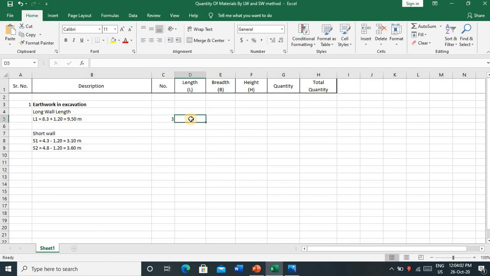Length, what you will write here? This length 9.50. Whatever you calculate in the description column you have to write this length in the length column. What is the length? 9.50. Breadth, breadth means width of an item. What is width of an item?